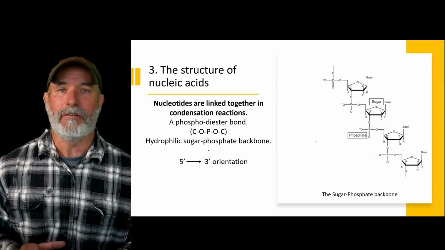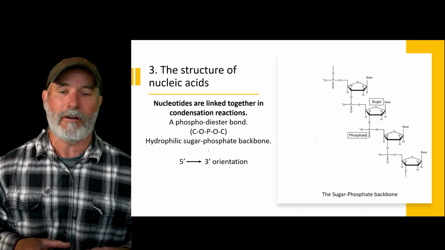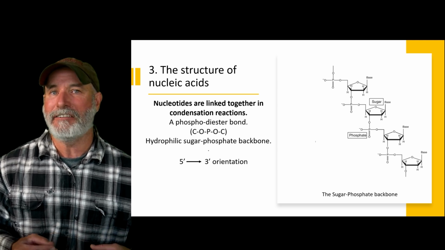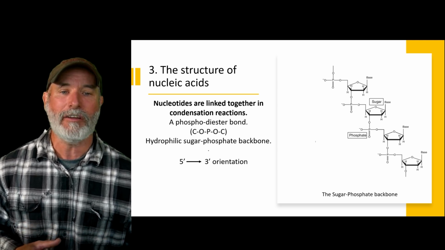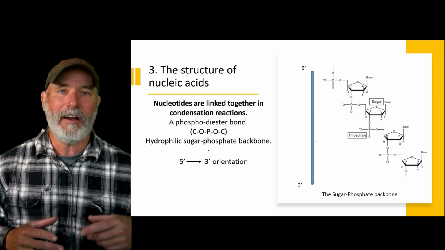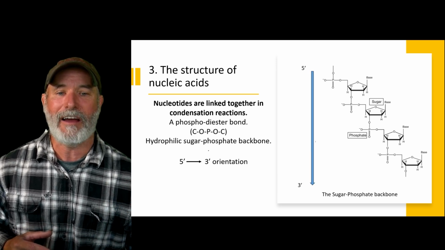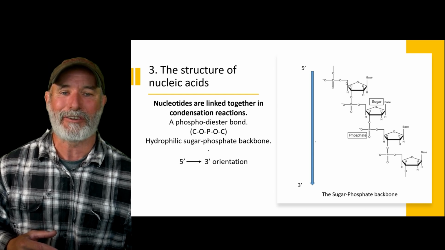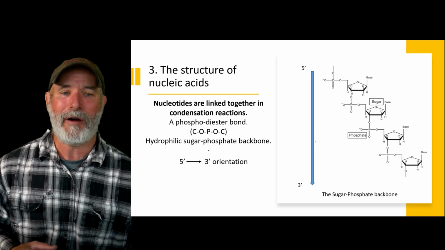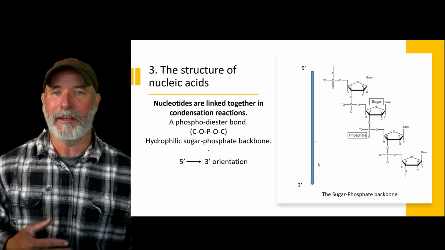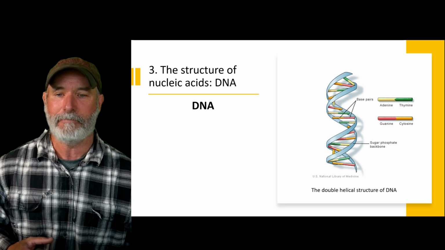Because we number those carbons in our sugar 1' to 5', this gives directionality to the entire DNA or RNA molecule in a 5' to 3' orientation. So up there at the top, you would have the 5'. So our 5' carbon would be right there. You can see my little cursor. That's our 5' carbon. Our 3' carbon is there. So we have a 5' to 3' orientation for our DNA and our RNA.